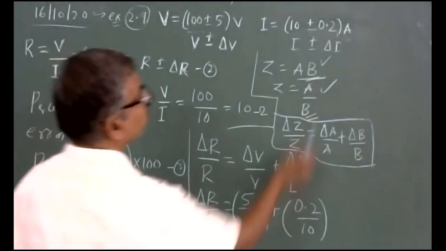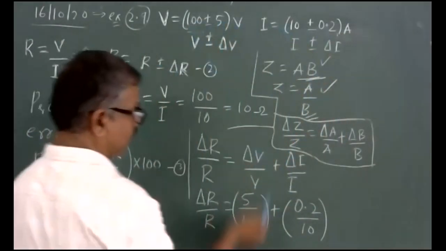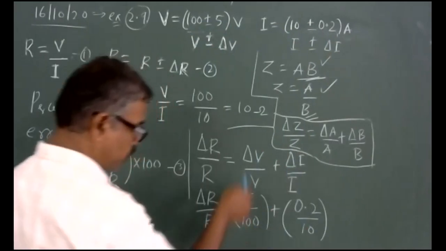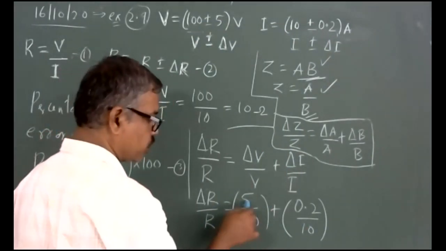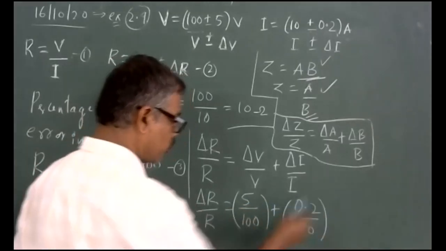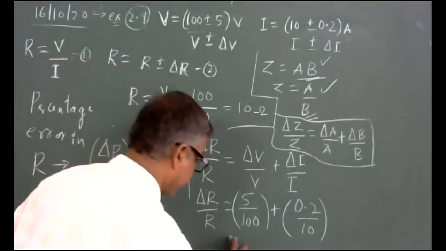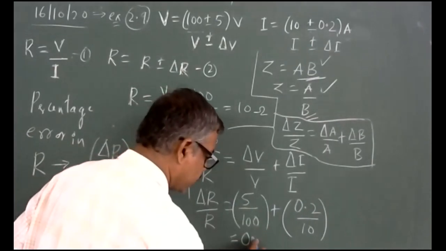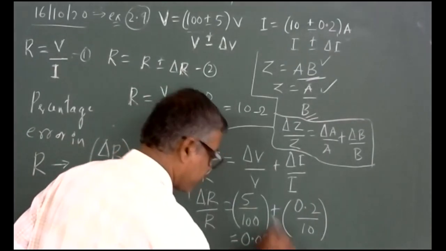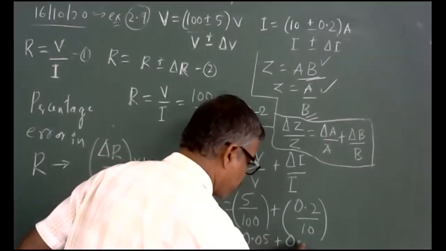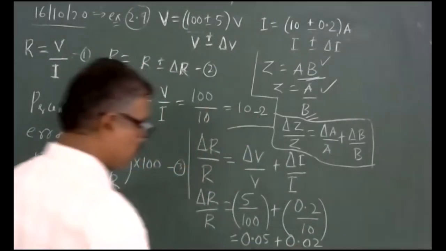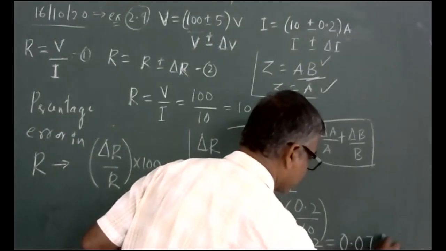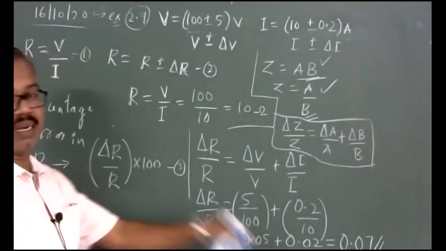Now 0.2 by 10 and 5 by 100. Do the mathematics. It becomes 0.05 and 0.02. Then 0.05 plus 0.02 together becomes 0.07. So this is my relative error.